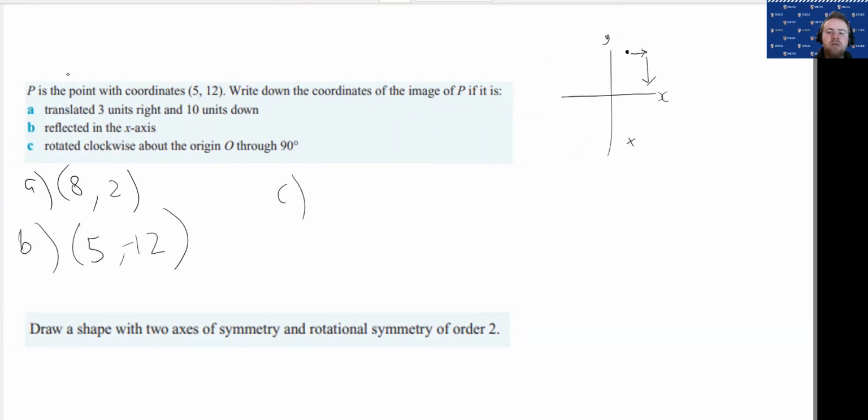And then finally, for C, rotate clockwise about the origin through 90 degrees. So if we have a line like this, okay, we're rotating it this way clockwise. Okay, so it's going to be about here to form that right angle.